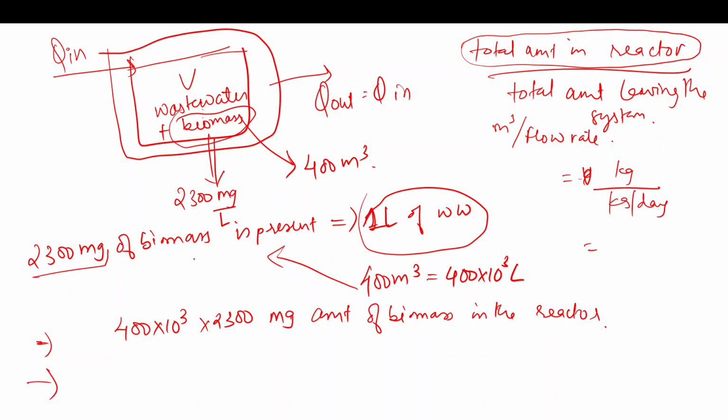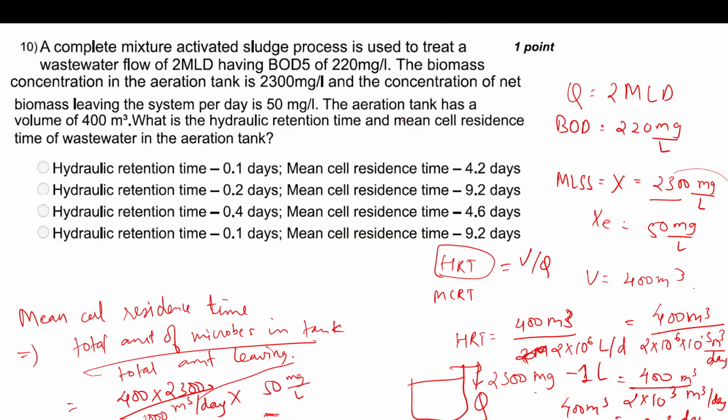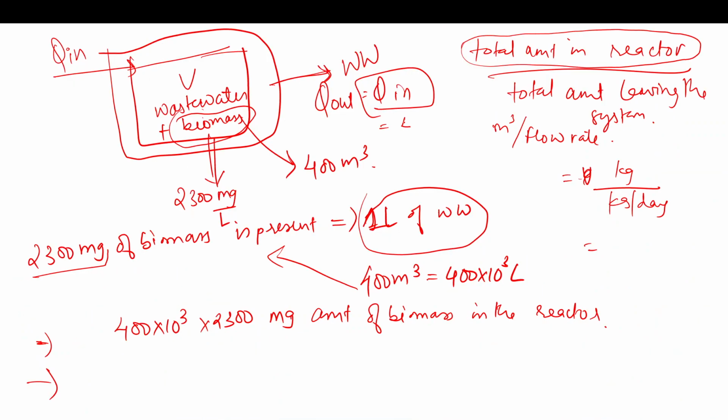So for the amount of biomass which is leaving, you have a flow of wastewater coming out with a flow rate of Q out, which is given to you as 2 MLD. So 2000 meter cube per day of treated wastewater is coming out. Now it has a biomass concentration of 50 milligram per liter.